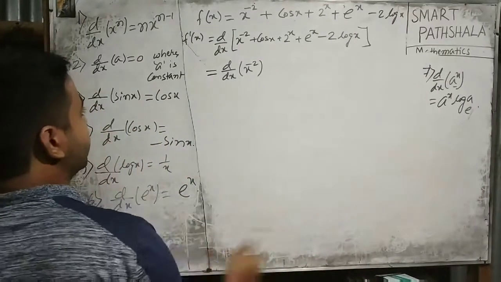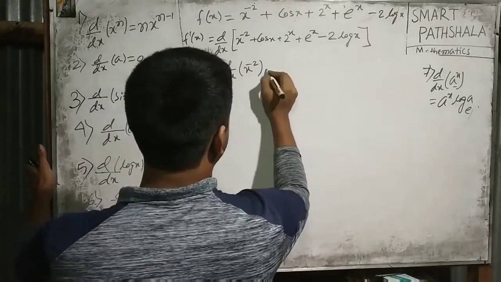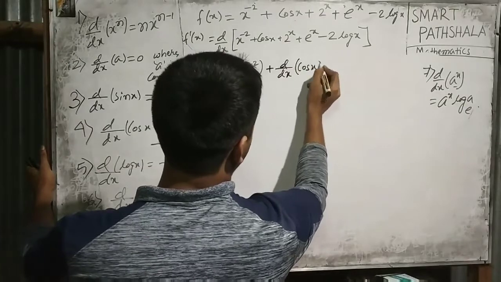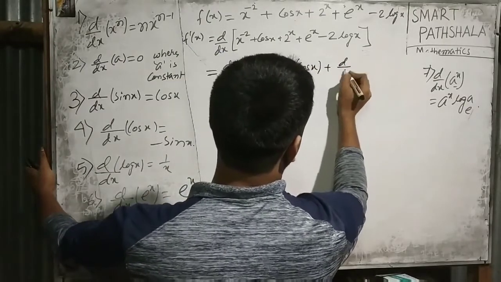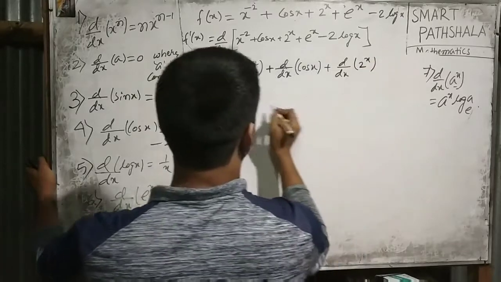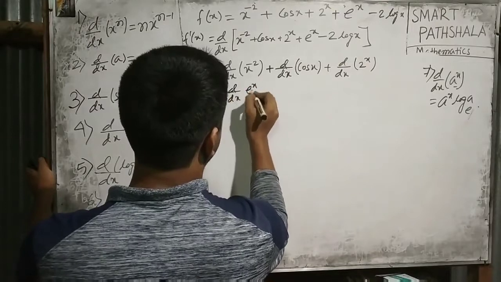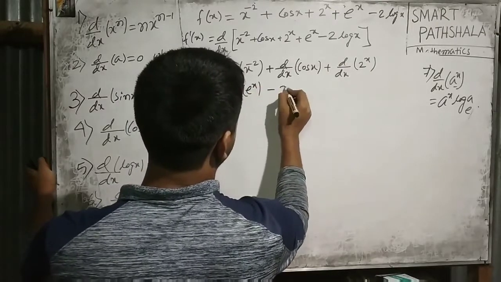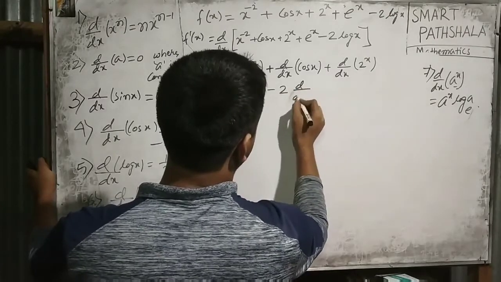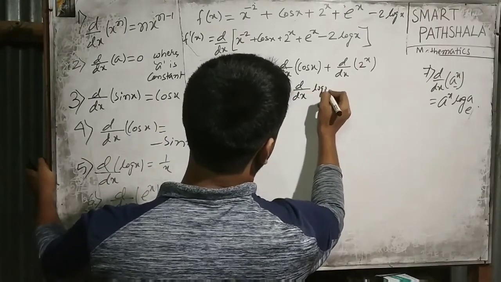Now, coming back to the business, d/dx of x to the power minus 2 plus, again you have to write d/dx of cos x plus d/dx of 2 to the power x, fine, plus d/dx of e to the power x minus 2. Take this 2 out of this term, d/dx of log x.